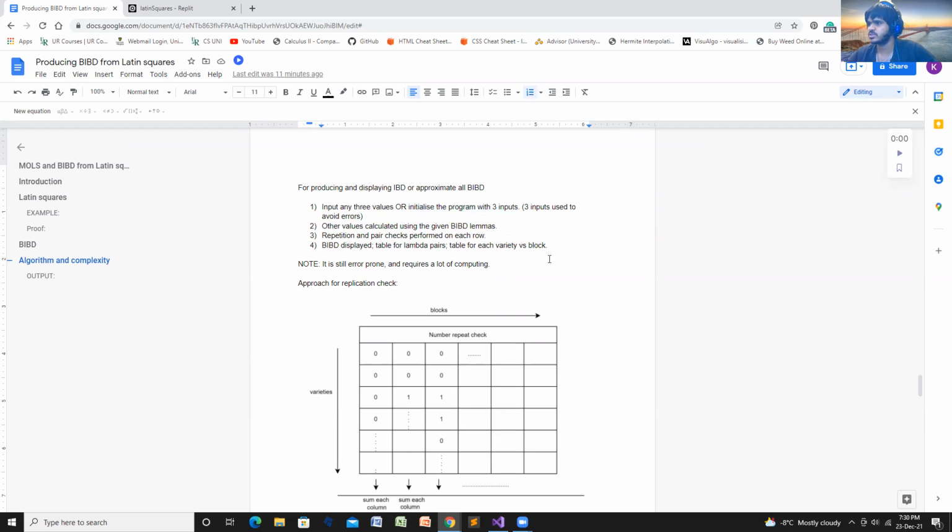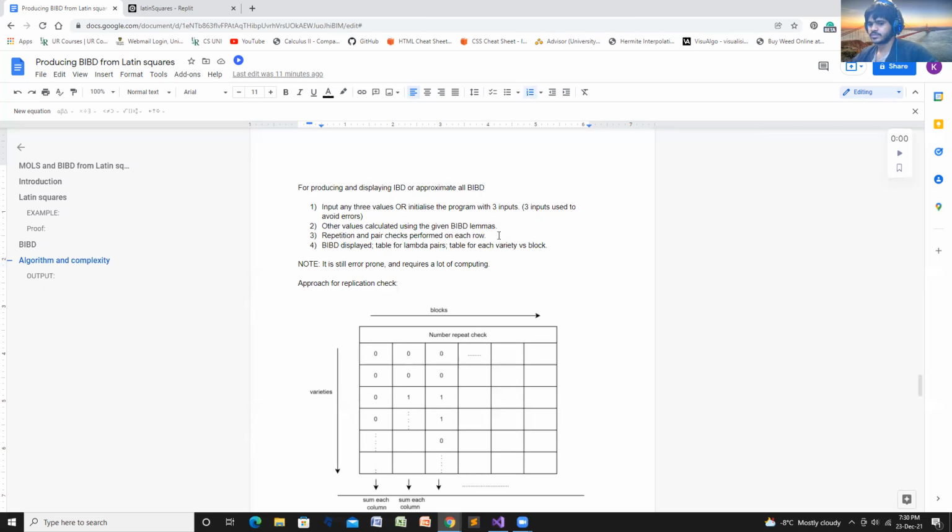The 3 inputs are used to avoid errors in the other values. And we have the lemmas and theorem proofs that have been mentioned before that we'll be using. With the help of those, using the Latin squares, the BIBD will be formed.